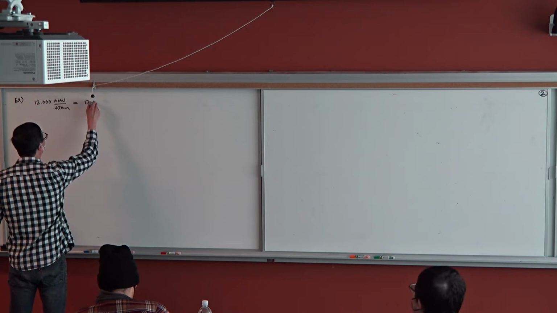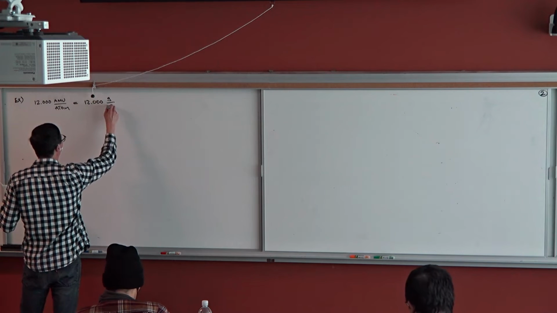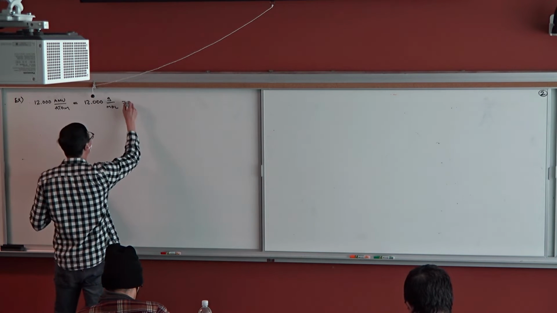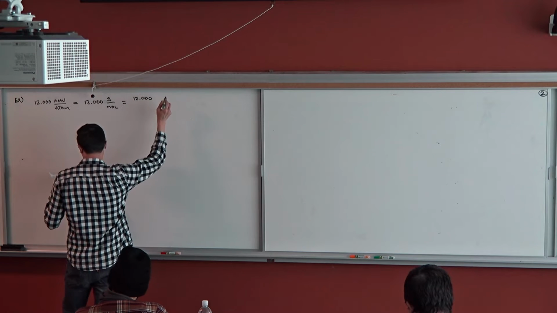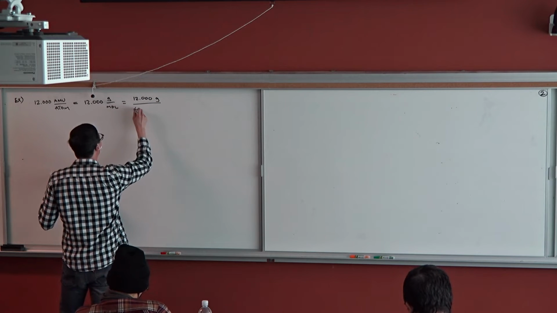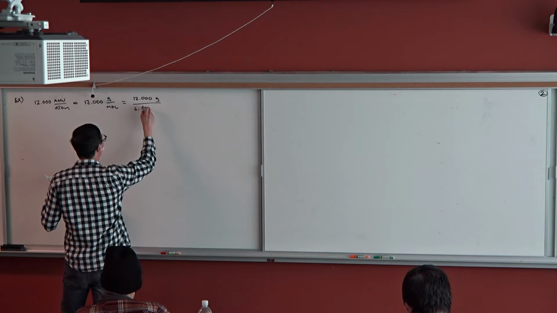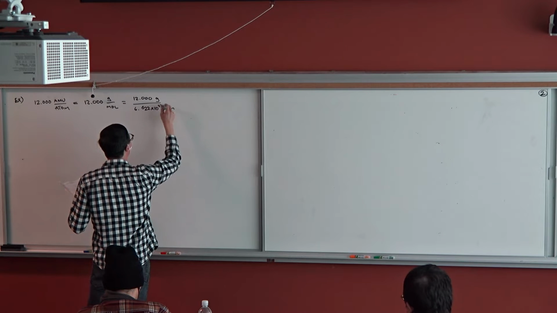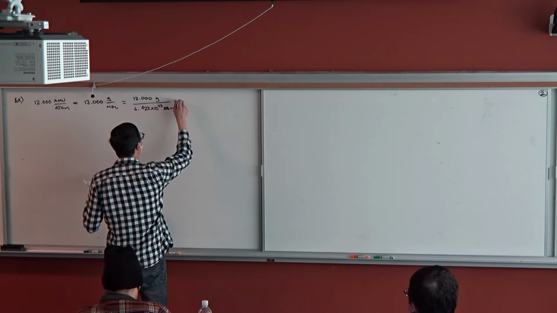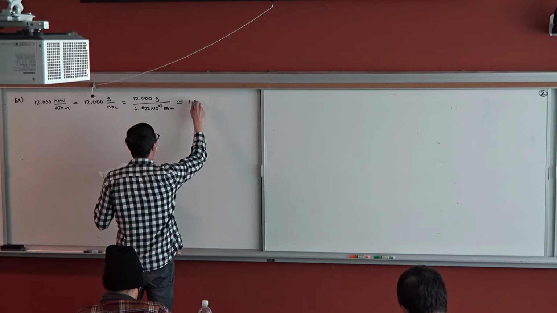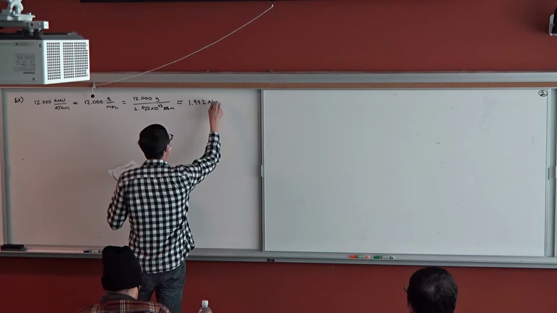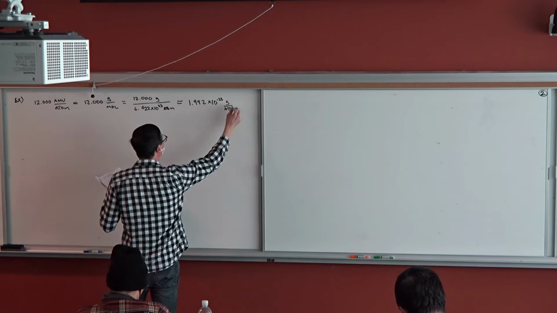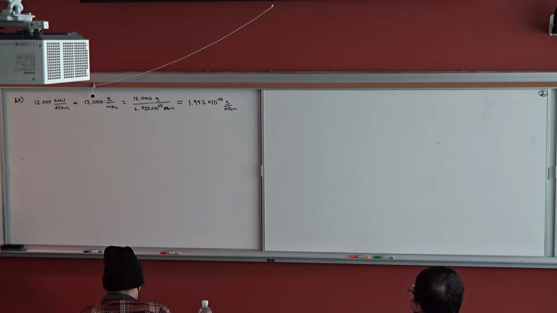That would be 12 grams per mole, which is 12 grams per 6.022 times 10 to the 23 atoms. And that winds up being roughly 1.992 times 10 to the minus 23 grams per atom, give or take.